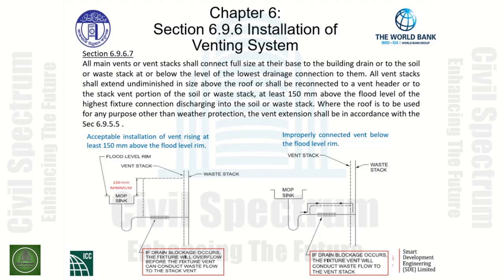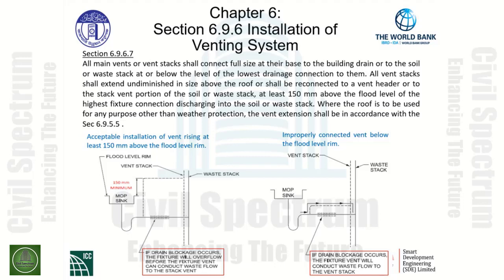The function of the 150 millimeter rise above the flood level rim is so that we do not discharge any type of drainage into the venting system. This is that vertical rise that must be at a minimum above the fixture, which is 150 millimeters.